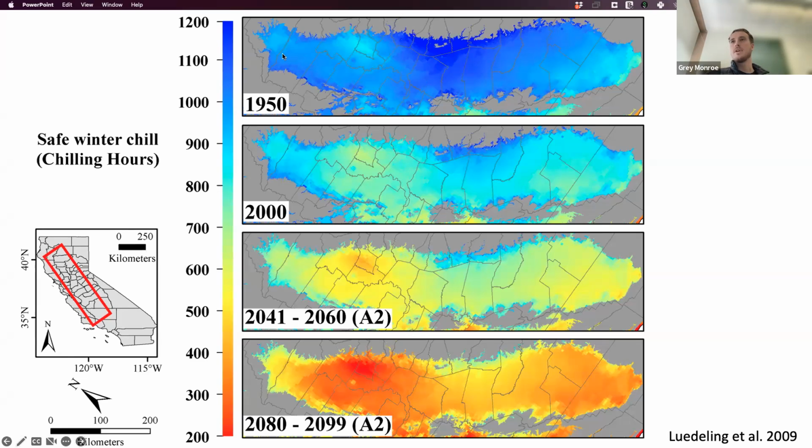If you look at this map, the color represents the number of hours that these regions experience of chill, which is something approximating the number of hours below 45 degrees Celsius. I'm sorry, Fahrenheit. But what we can see is that over the next decades, the number of chill hours is going to be dramatically reduced throughout California.